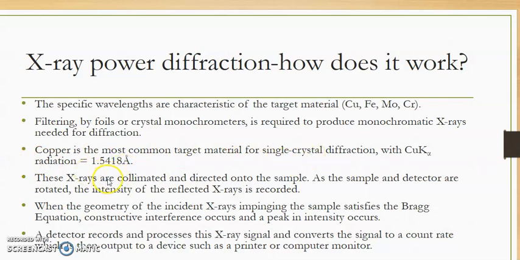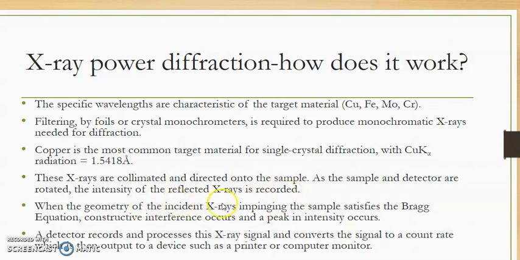Then, these X-rays are collimated and directed onto the sample. As the sample and detector are rotated, the intensity of the reflected X-rays is recorded.